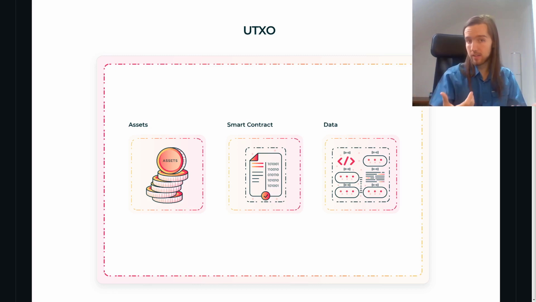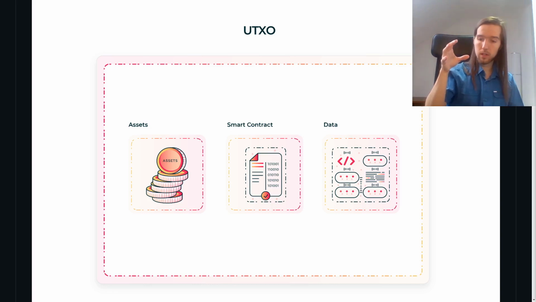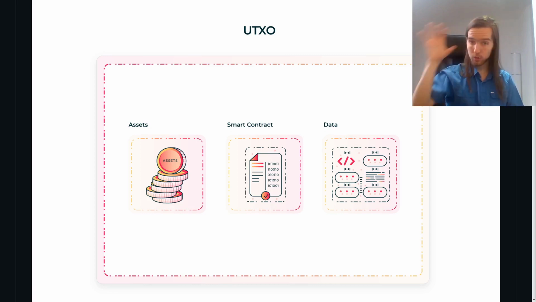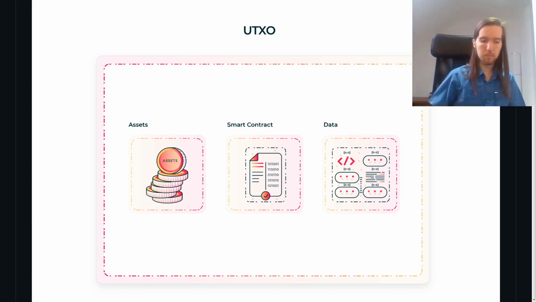In my transaction, I say I'm spending this specific UTXO, and instead of having my public key, my address, on the UTXO that's created from the destroyed one, I say that it's Alice's, and put Alice's public key or address.